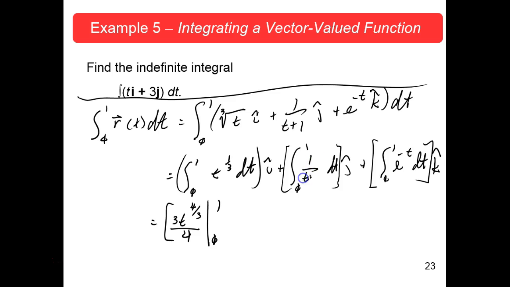1 over t plus 1 dt. Natural log, okay? Oh, I forgot my i here.